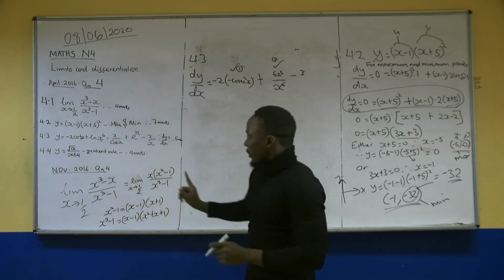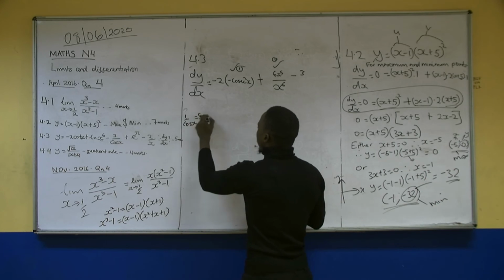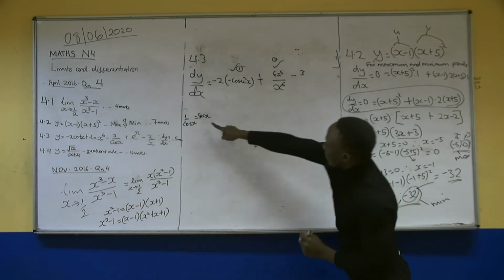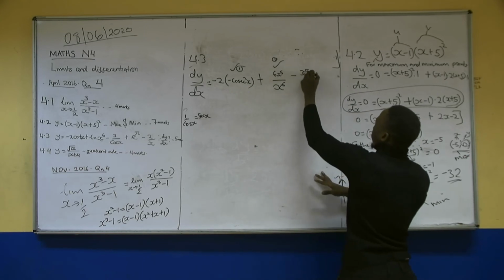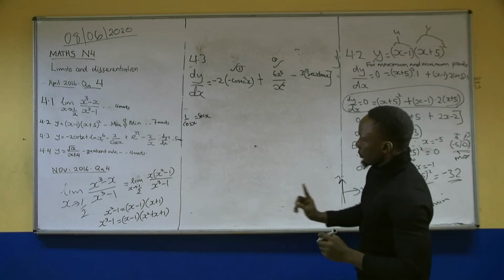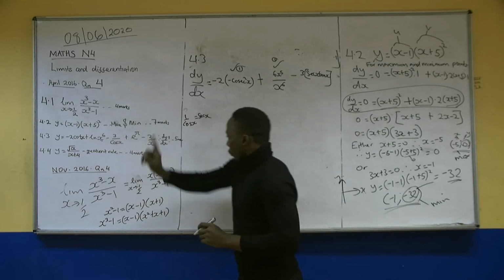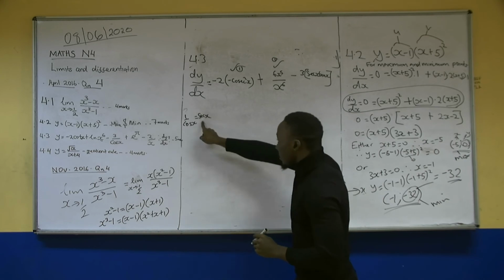Minus 3 is a constant, times, if you differentiate 1 over cos x, you remember 1 over cos x is the same as sec x. If you differentiate sec x, we get sec x tan x. That is the answer.